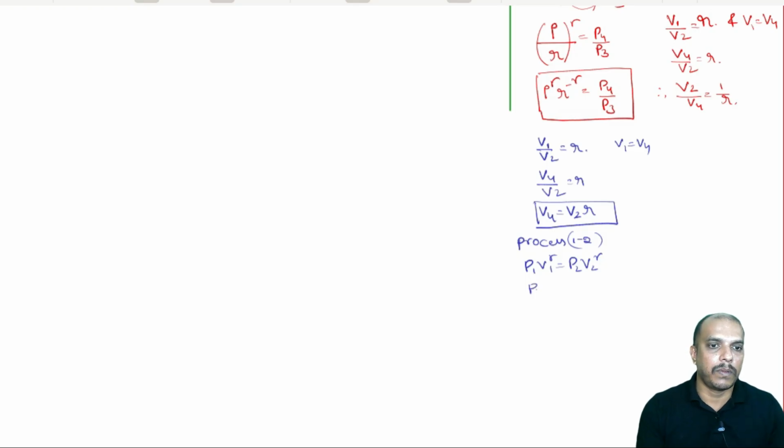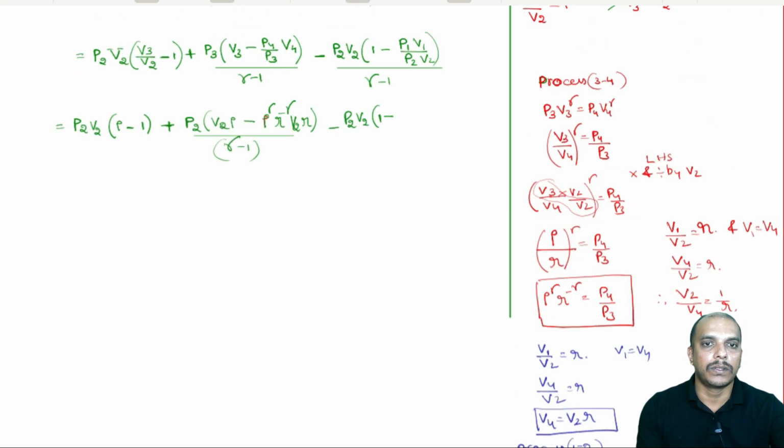So P1 by P2 is equal to V2 by V1 whole power gamma. V2 by V1 is 1 by R power gamma, or we can say R power minus gamma, that is also correct. So I will go for this P1 by P2 is R power minus gamma, and this V1 by V2 is R. So we will have gamma minus 1 here.